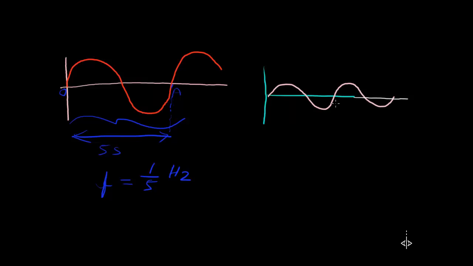Say this is 1 second. So we see that in 1 second it has made 2 complete oscillations. Therefore, the frequency for this transverse wave is what? 2 complete oscillations in 1 second. It is 2 Hz.